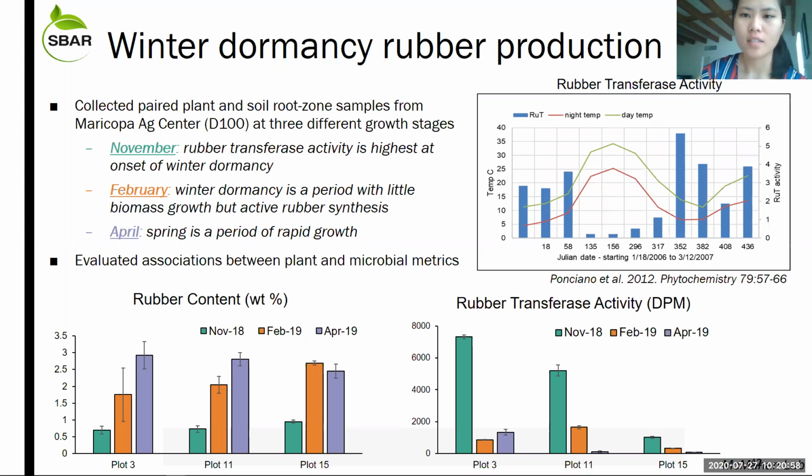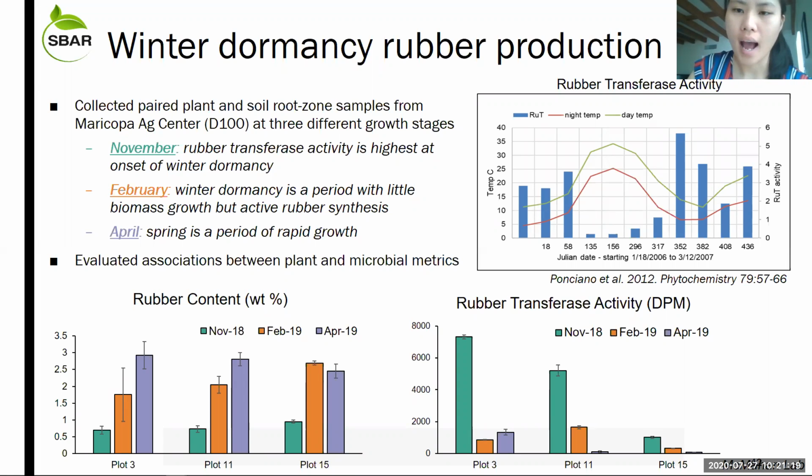Previous studies have demonstrated that Waiuli rubber transferase activity spikes once night temperatures drop below a certain level, as you can see in the top right-hand figure. The sharp increase in rubber transferase activity, which is represented by the blue bars, coincides with a decrease in the red line, which is minimum night temperature.